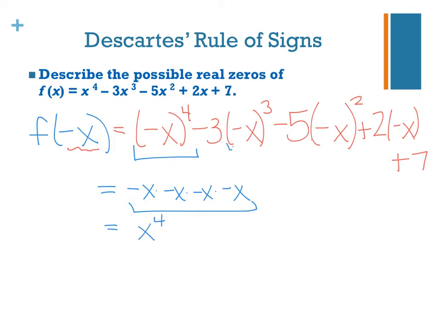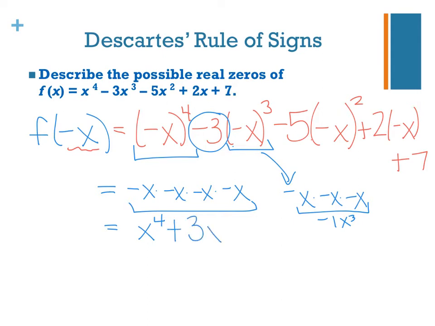And when I move to the negative x cubed, that is negative x times negative x times negative x, which really gives me negative 1x cubed. However, I'm going to multiply that by negative 3, which gives me positive 3x cubed.